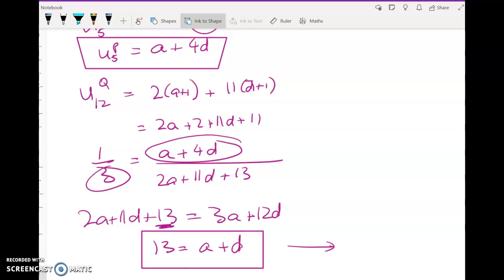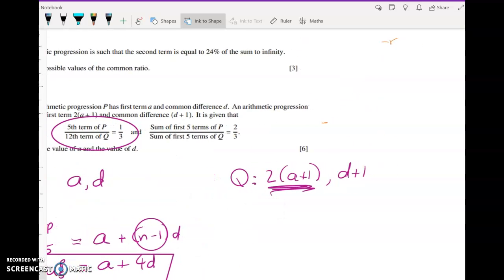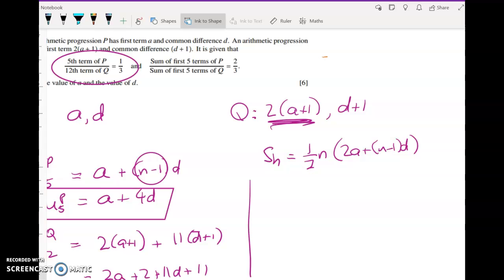Now we've got to go and do the same painful thing on the other side, but this time it's going to be with the sum to n terms. And the sum to n terms is S of n is equal to 1/2 n times 2a plus n minus 1 d. So the first 5 terms of P, S5 of P, is going to give me 1/2 times 5.